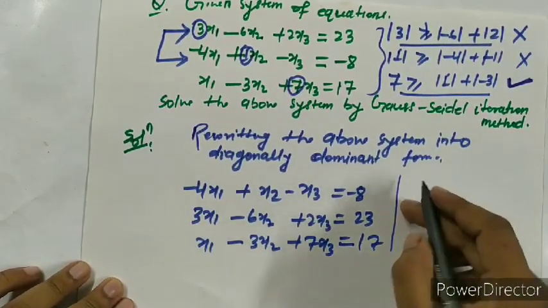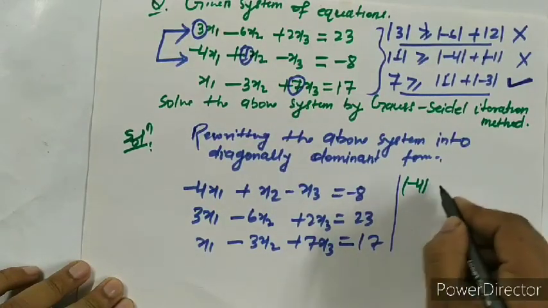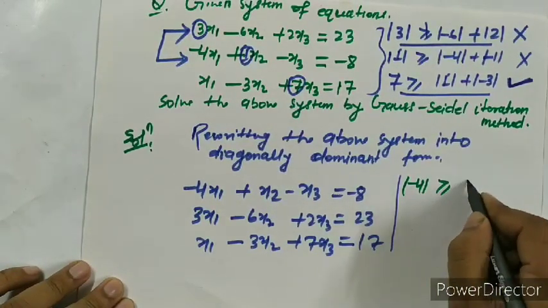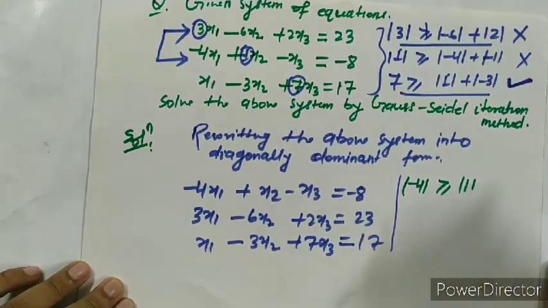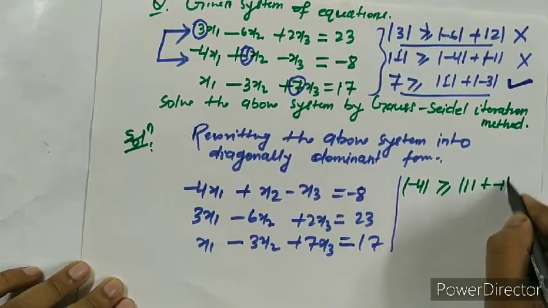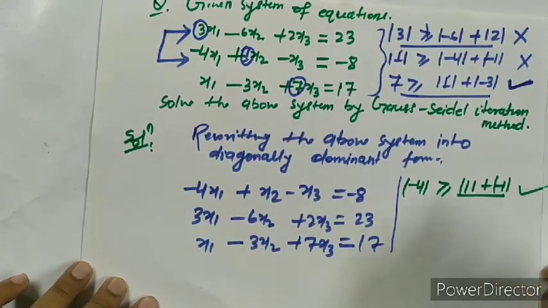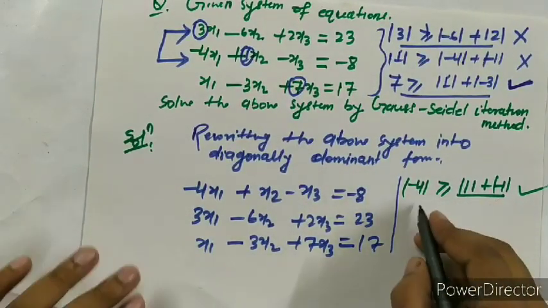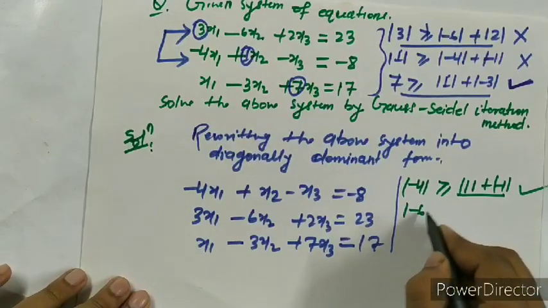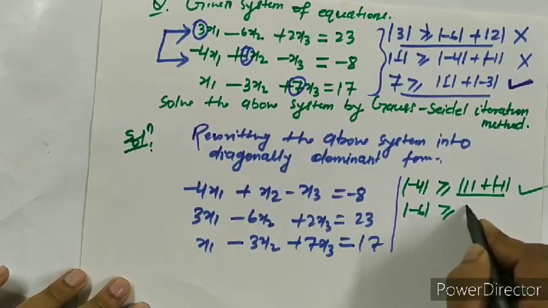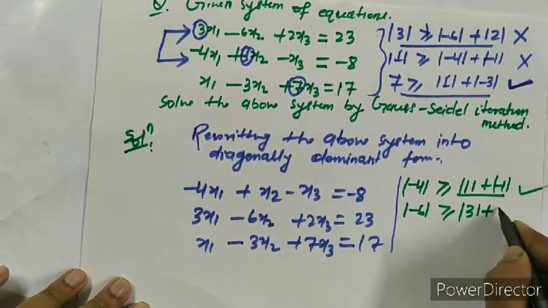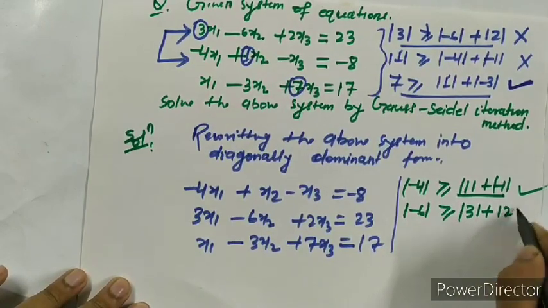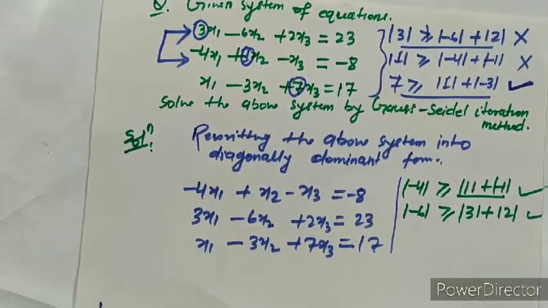So what we have to do, -4 is greater equal to 1 plus -1, magnitude value, it is obvious, it is greater than equal to. Similarly, -6 is greater equal to magnitude value of 3 and magnitude value of 2. Is it okay?